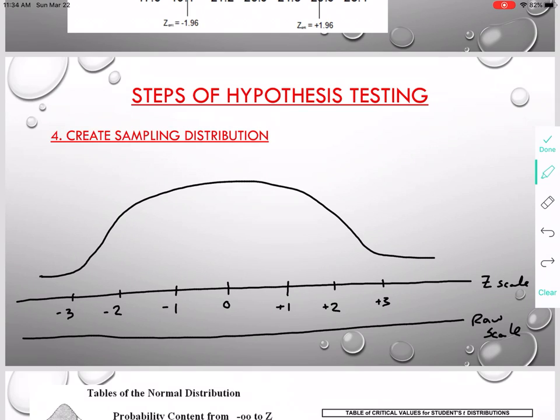If I was doing enjoyment of hot dogs, and it would be a Likert scale 0 to 5, maybe my raw scale would be on units from 0 to 5. In the middle, we're going to have our mean. Let's say that the mean of all of my scores, because remember, we've already run this study just like that. Let's say my mean was 3.5.